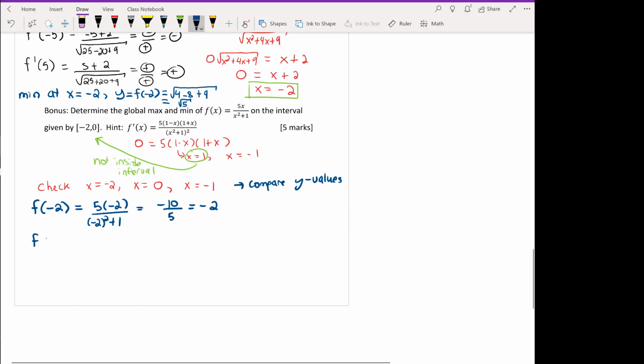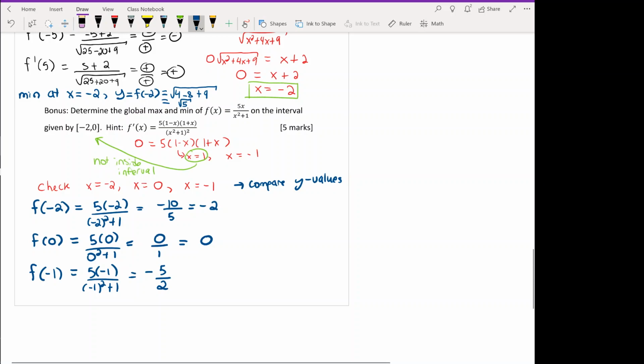Now we're going to plug in 0. So that'll be 5 times 0 over 0 squared plus 1. That's 0 divided by 1, which is 0. And the last one, f at -1, we're going to have 5 times -1 over -1 squared plus 1. That's -5 divided by 2.